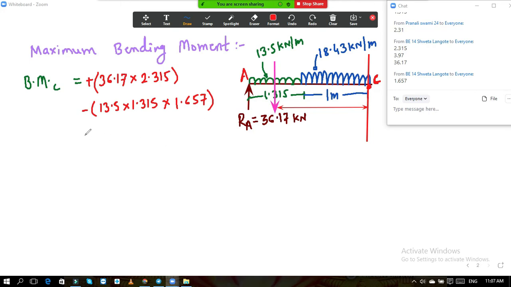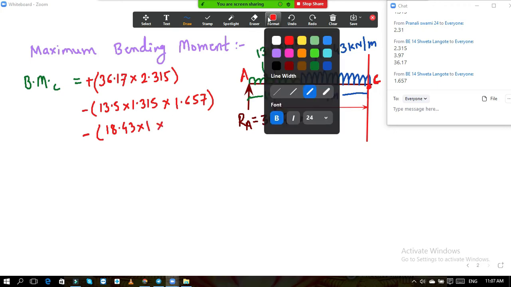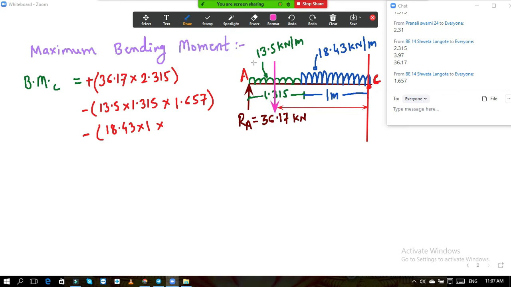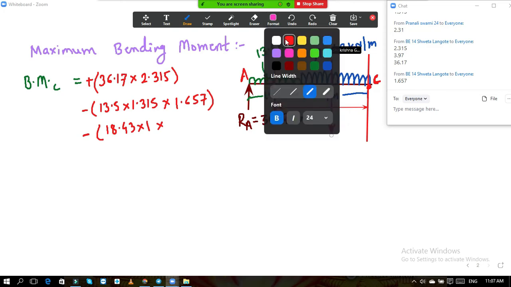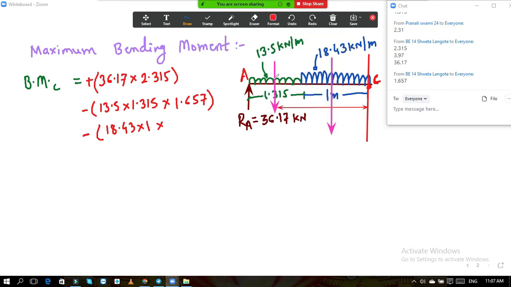Now the remaining UDL. Again the same thing: this is also acting downward, so it is minus. Convert this UDL into a point load, into 1. This load will act somewhere here, and now we need to calculate the distance. If this acts at the center and this is 1 meter, then the distance will be 0.5.